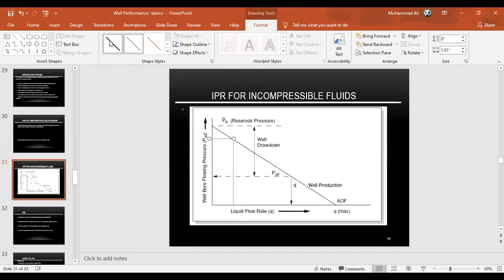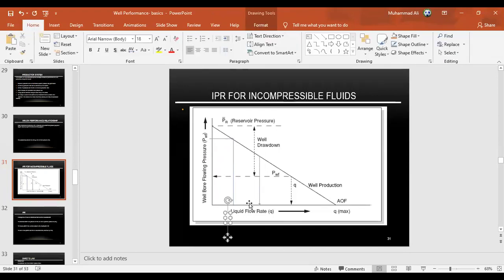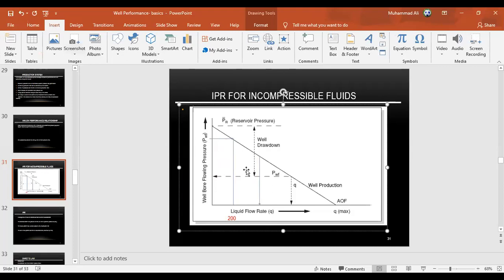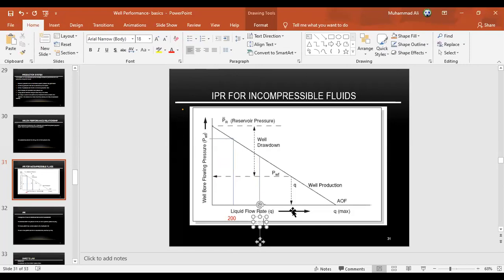But as you're producing more, the pressure was 400, the flow rate was 400 barrels per day.